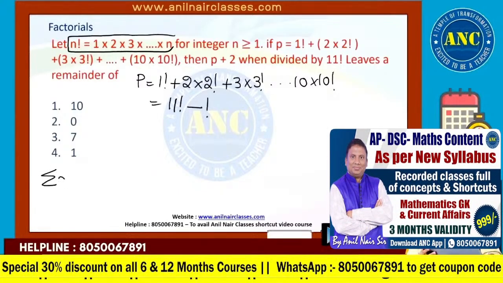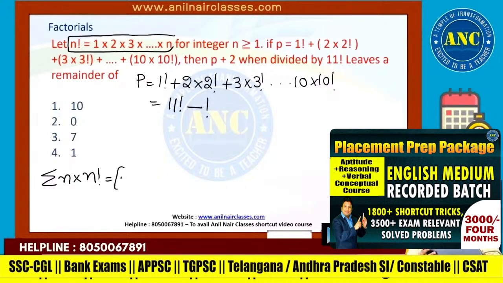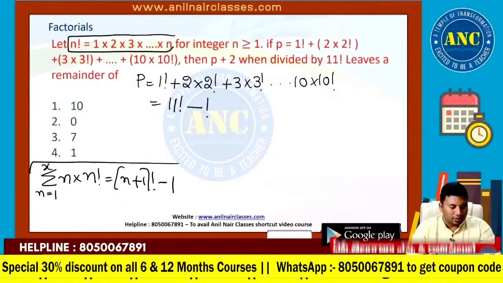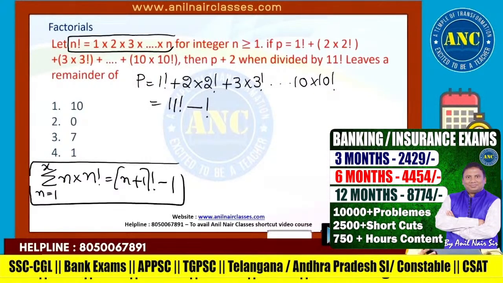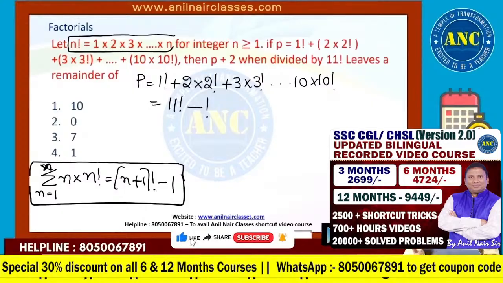Why? Because just now we discussed n into n factorial is nothing but n plus 1 factorial minus 1, n equivalent to 1 to some value. If you know this conclusion, it's an easy question.